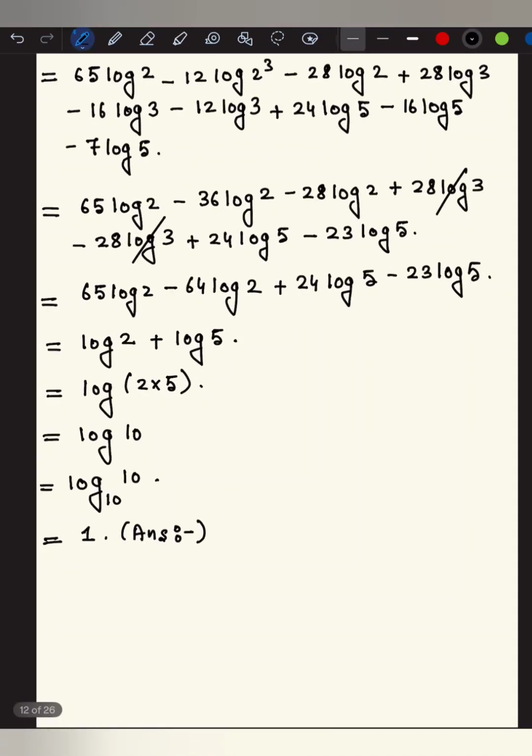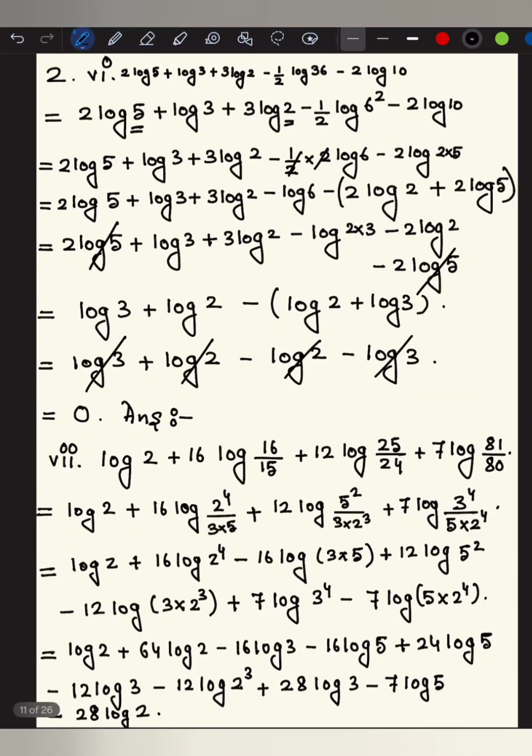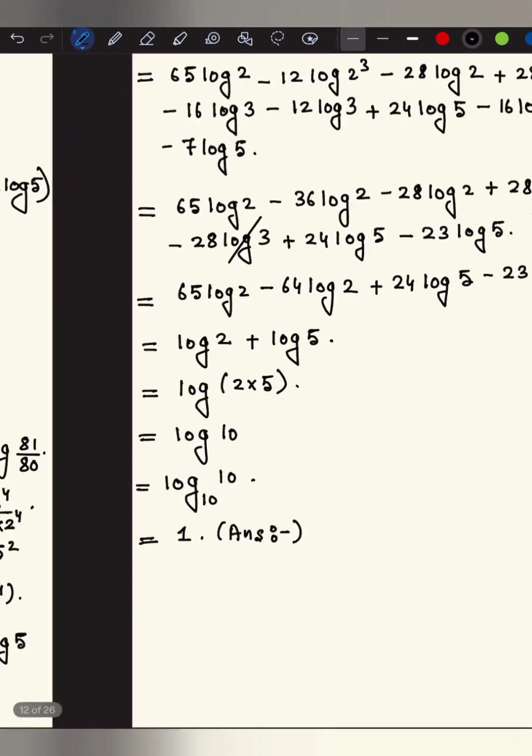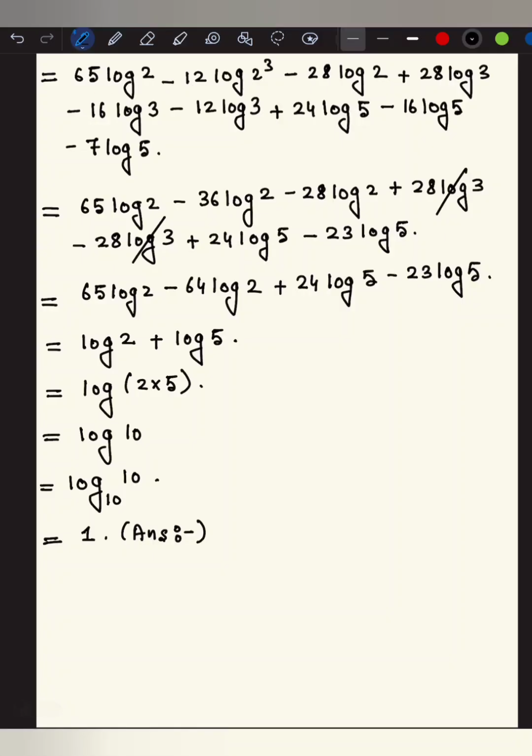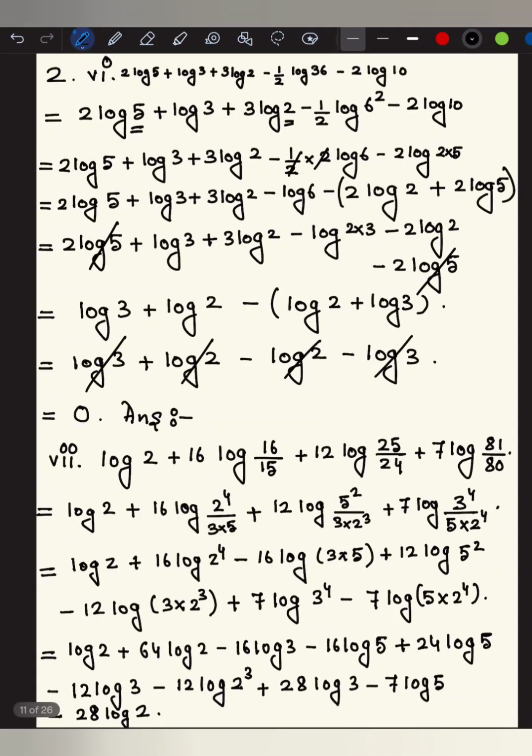So this comes out to be 65 log 2. See, log 2 plus 64 log 2, that means 65 log 2. I have written it here, 65 log 2 minus 12 log 2 cube. What I have done here is that I have taken all log 2 related terms first, followed by log 3 related terms and then log 5 related terms.